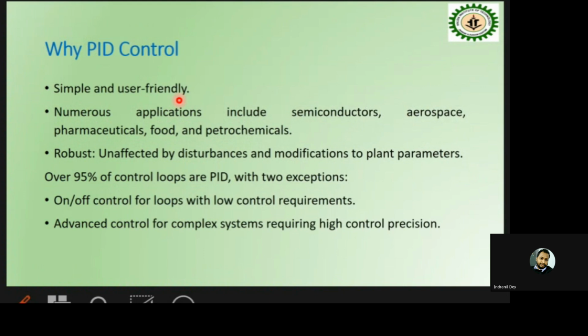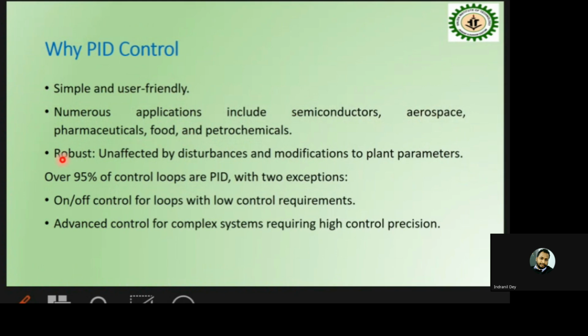As I said in the last PPT, the structure of the PID is always fixed. So it is very easy to design, very easy to tune and deal with. That is why it is very user friendly. That is the reason this controller has numerous applications, which include semiconductor, aerospace, pharmaceutical, food, petrochemical, chemical, everywhere.